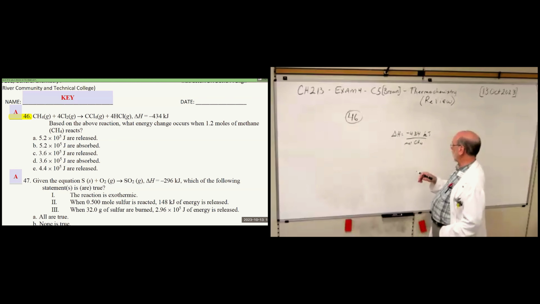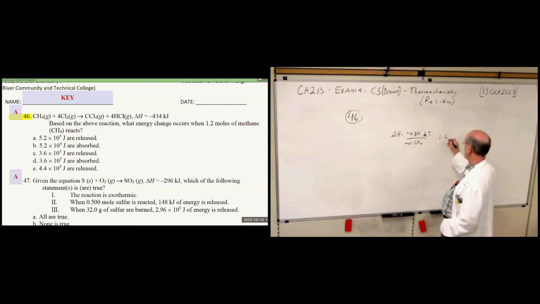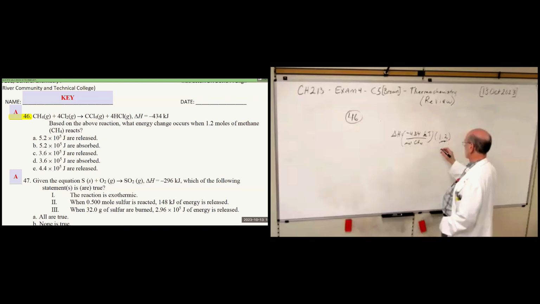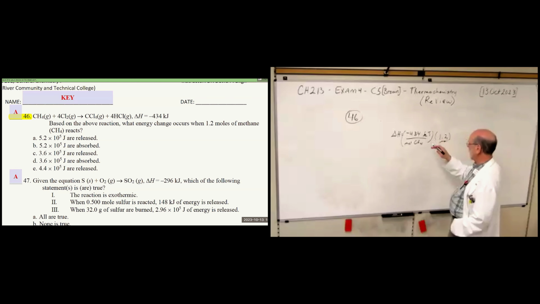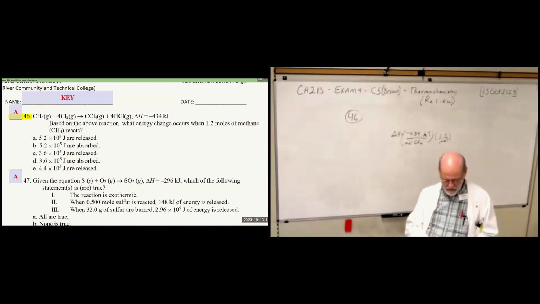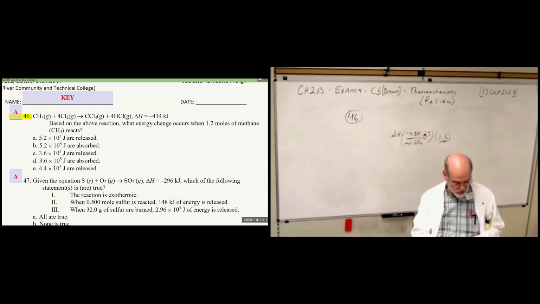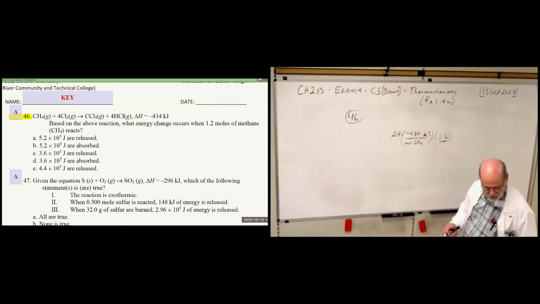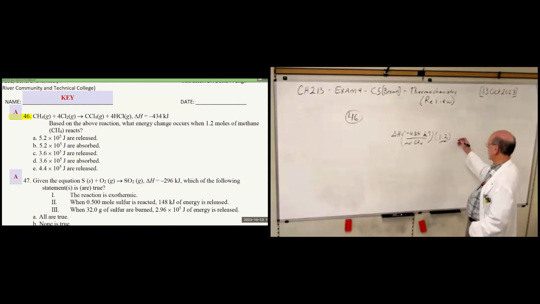So 1.2 moles of methane, right, cancels moles. And 434 times 1.2. Oh, they've got it in joules. So I better work this one out. 434 and 1.2 is 521.